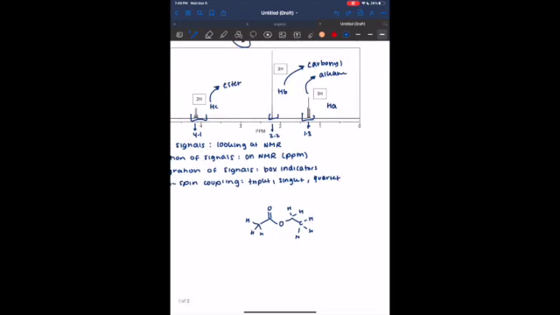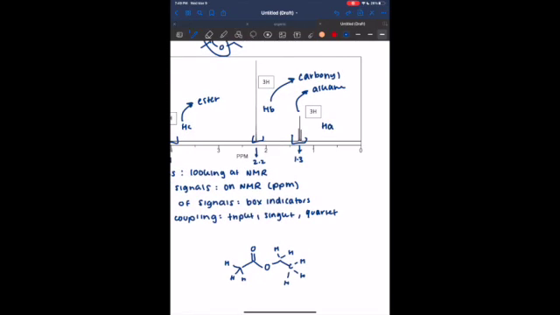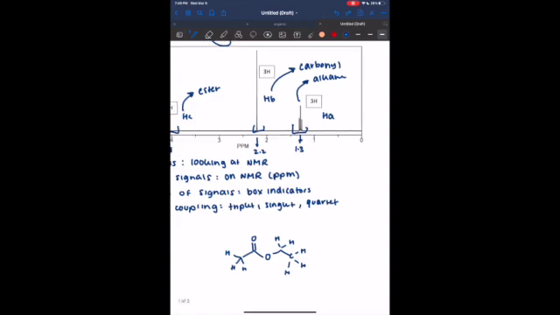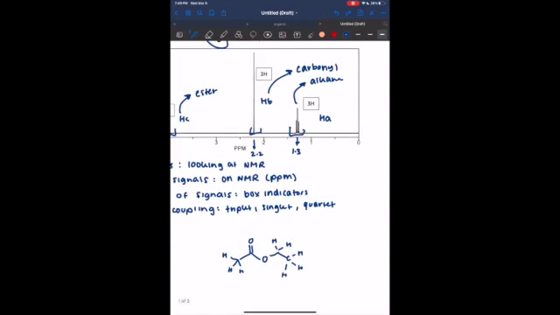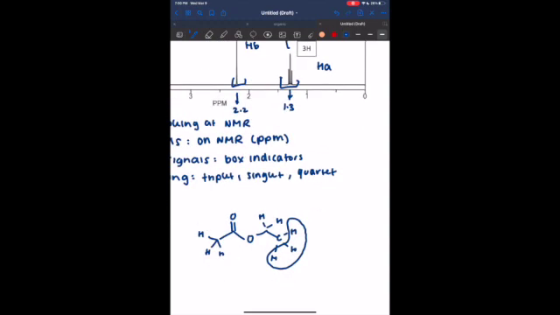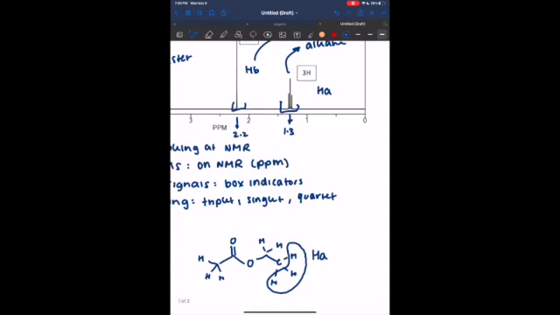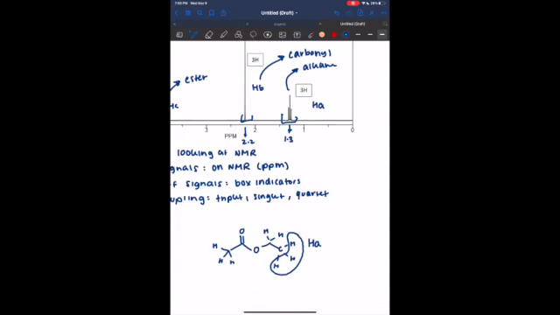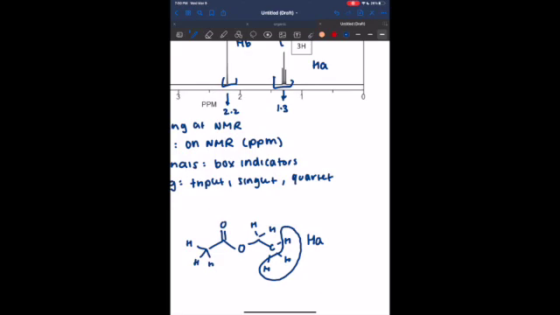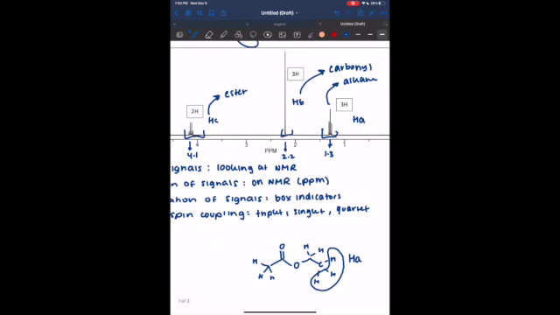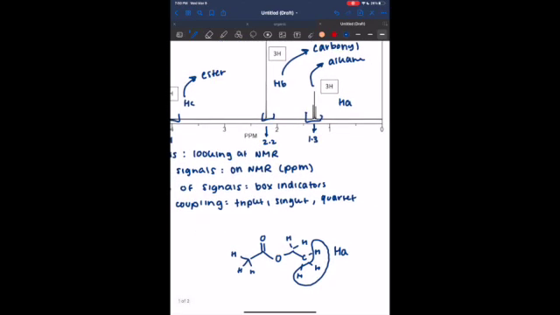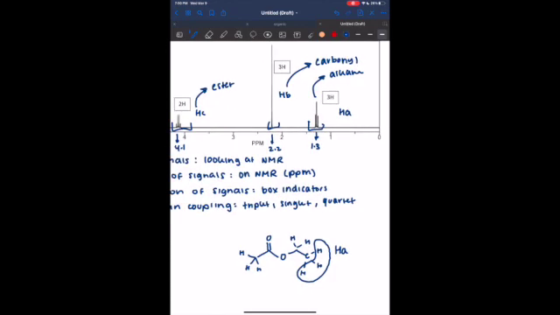If we look at our NMR, we can see that at around 1.3 we have that alkane peak. So it would make sense that these H's right here, which all share the same signal, would be represented as the HA. It falls as an alkane, and it has 3 hydrogens, so that makes sense. If we go over to HB, that is what we think of as the carbonyl.